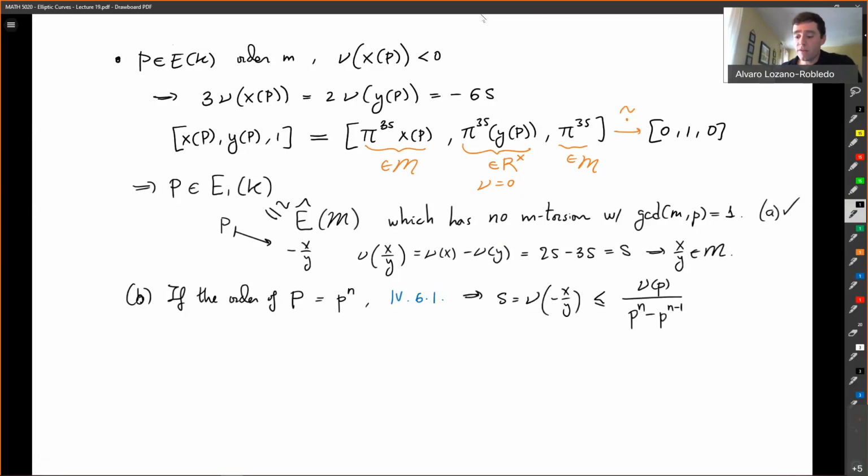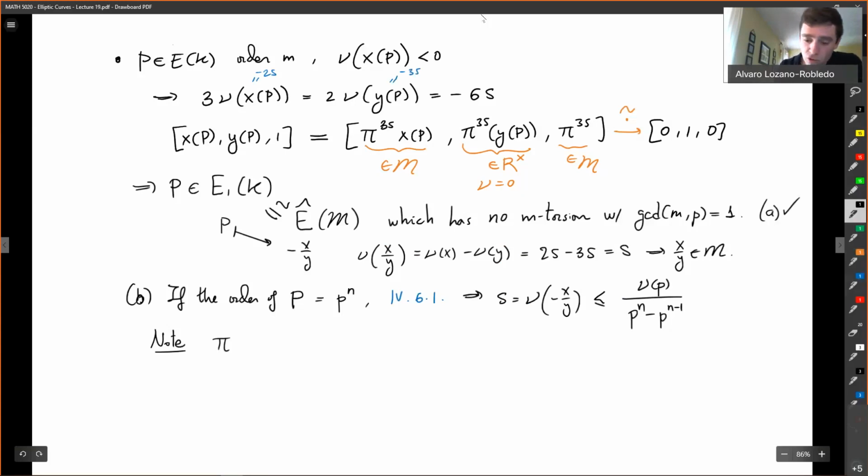And therefore, but notice again that what were the valuations? The valuation of x is minus 2s. The valuation of y is minus 3s.